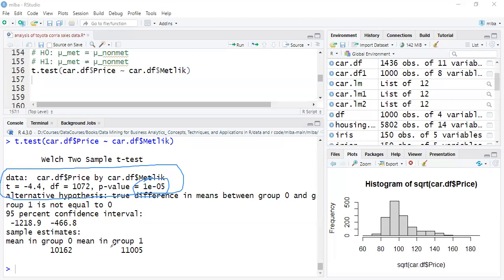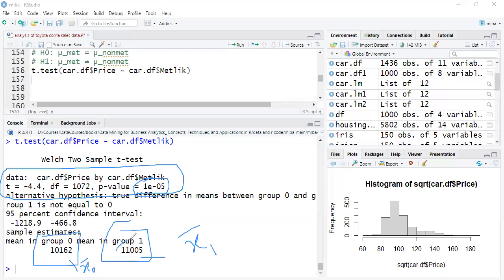The second thing in the output is very important, which is this one. Group 0, 10,162, group 1, 11. What are these two numbers? These two numbers are basically the sample mean prices. X bar 0 means non-metallic car. These are the average price of non-metallic cars in the sample, and the average price of metallic cars in the sample.